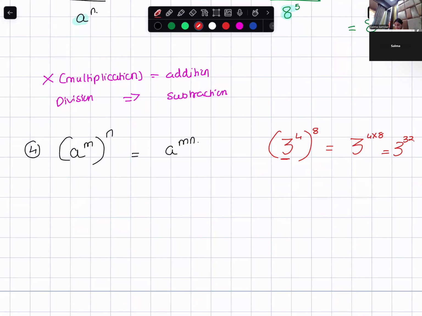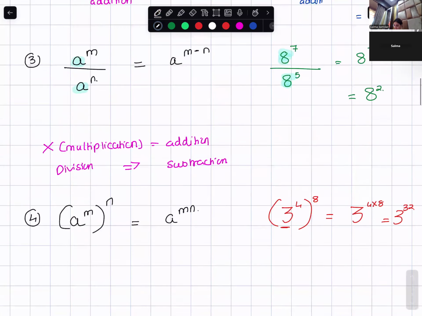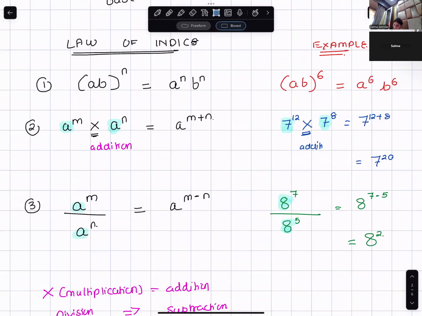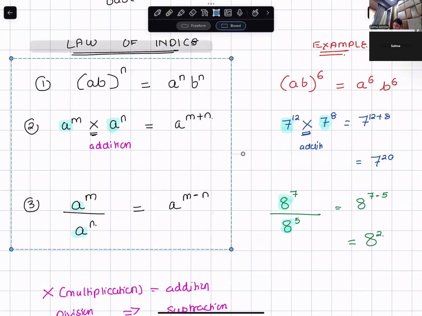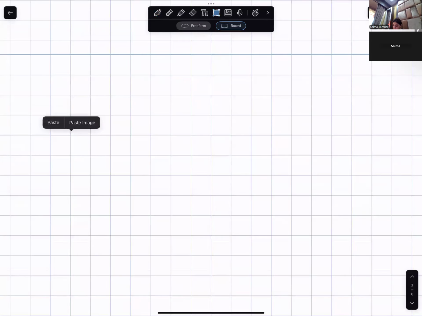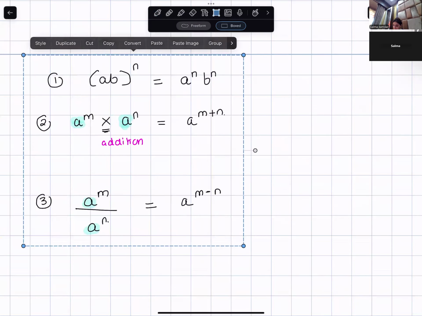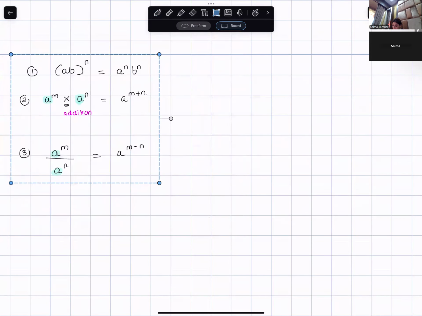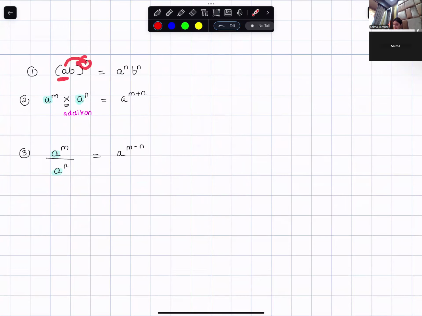The base is 3. So how many laws of indices have we done up to now? We have done 4 laws of indices. What are they? The first one is (ab) raised to n, which will be a raised to n, b raised to n.